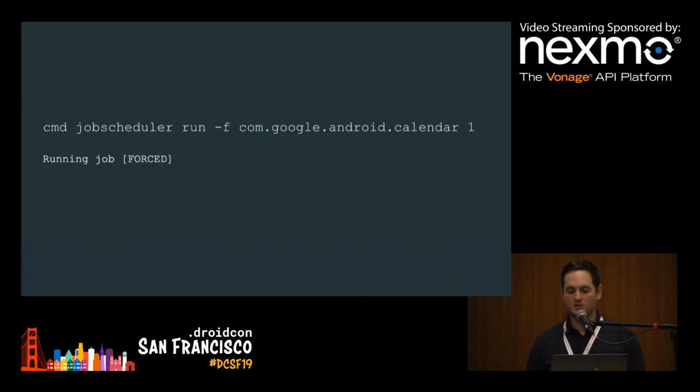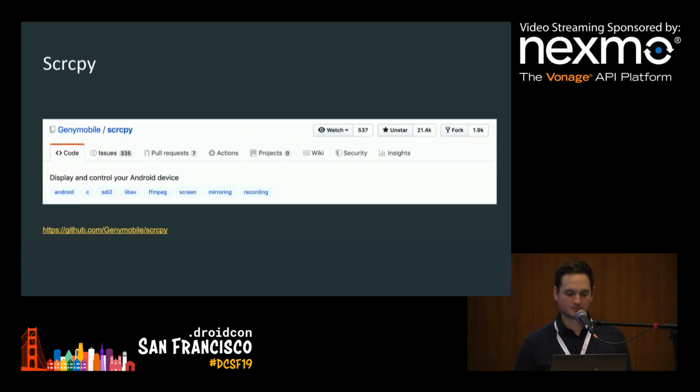And if we are debugging our app which uses some jobs, we can force our jobs to be executed by using the command job scheduler run -f, which is force, and our calendar with some parameter. And we can force a given job to run.